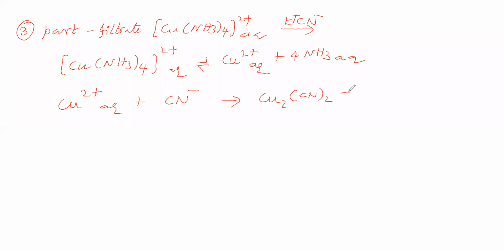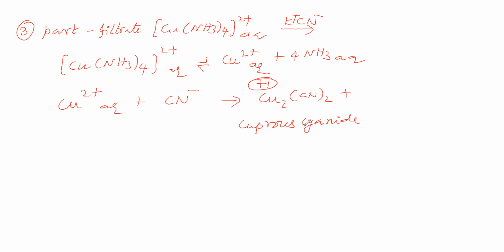Cuprous cyanide you will get. Here the copper oxidation number is +1. Copper +1 exists in dimeric form.